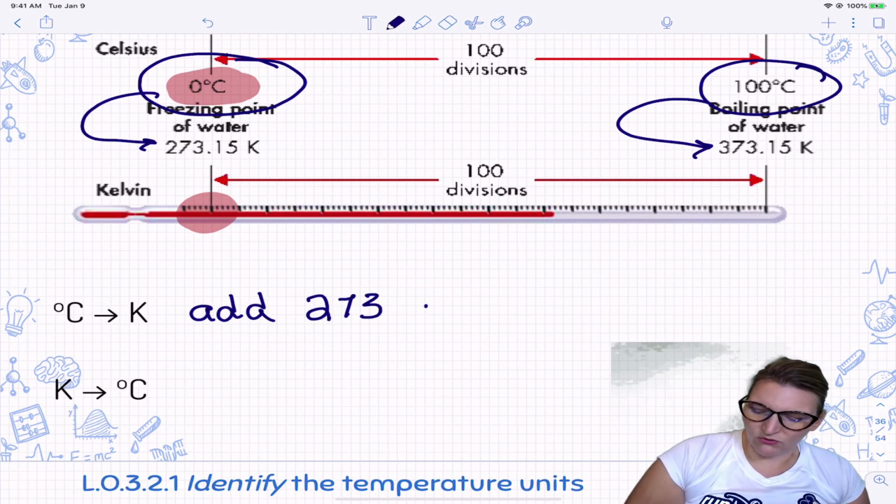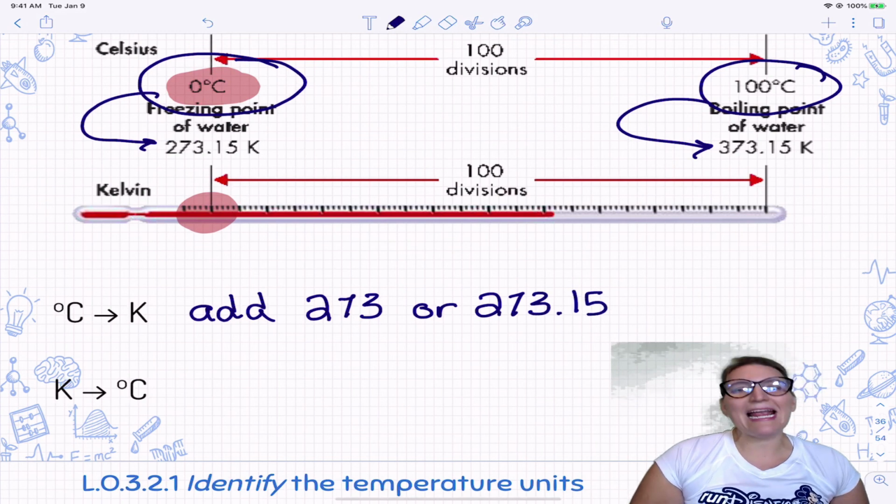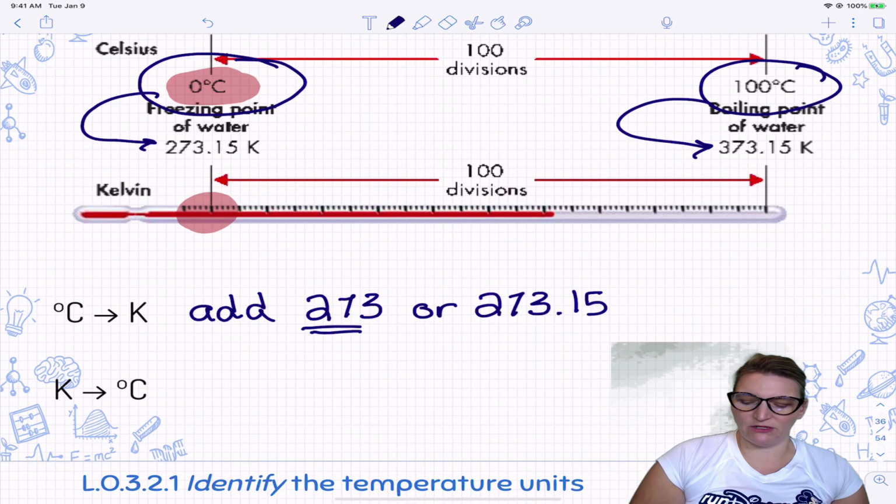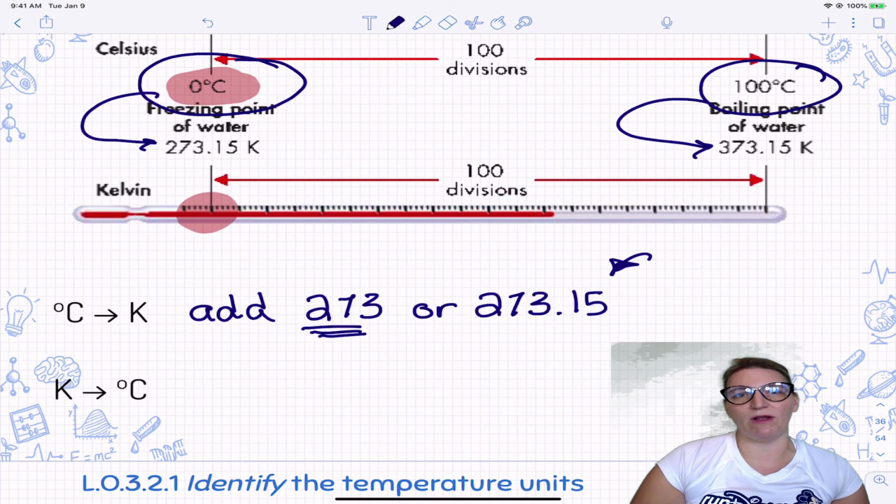So to go from degrees Celsius to Kelvin, we're always going to add, and you can use either 273 or 273.15. It really has to do with what type of instrument you're using. If a question asks me to convert 25 degrees Celsius to Kelvin, since that doesn't have any decimal places, I'm probably going to use 273. But if another problem says 343.25 degrees Celsius, I may use 273.15.